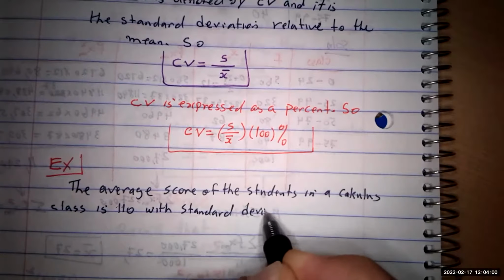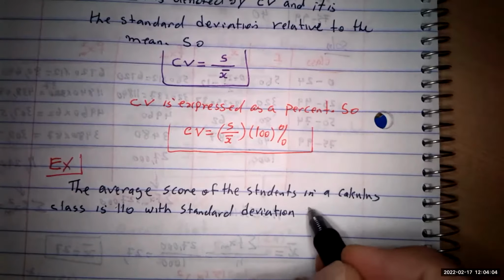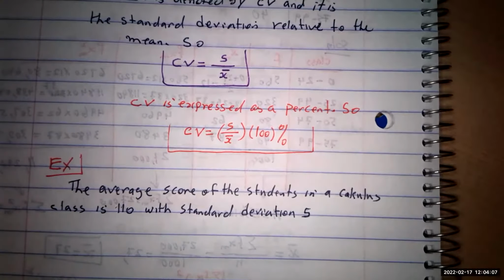So this is for the calculus class. Their mean X bar is 110 and their standard deviation is 5.